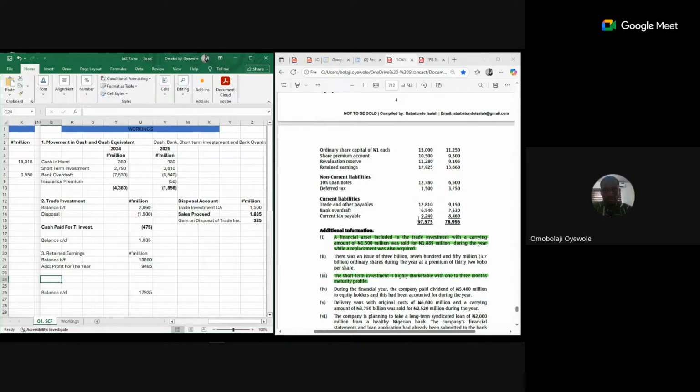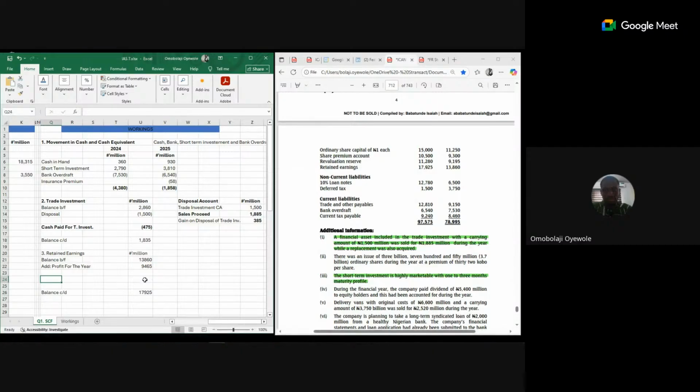Whatever difference you have must be the dividend paid. If that difference does not give you the whole amount of dividend paid, it means that retained earnings was part of the reserve used to fund the new issue of shares.